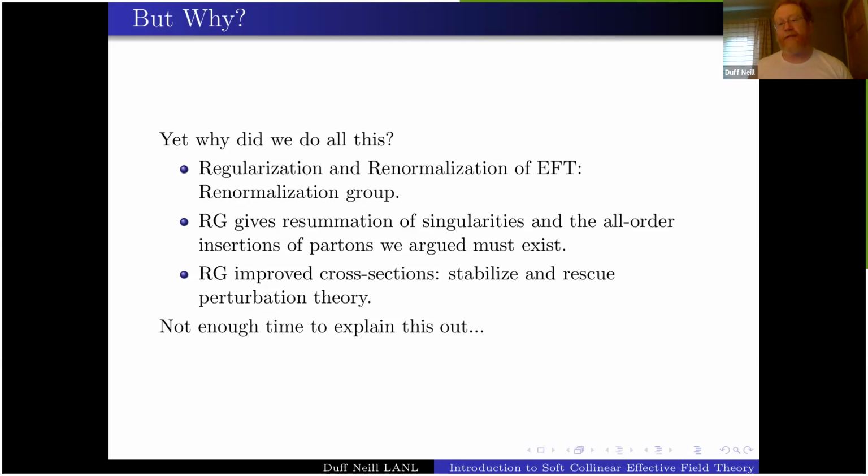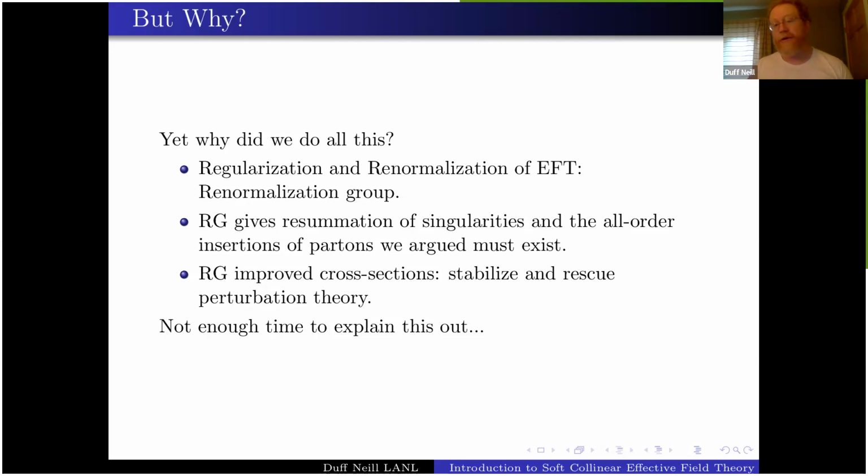What I won't really have time to explain is what I really want to do with that operator, which is the renormalization and regularization of my effective theory. In other words, I had this argument that I had all of these singularities, and I could dress my scattering amplitude with arbitrary emissions. I would like to have some procedure that would allow me to resum all of those dressings in a nice orderly way, and the regularization and renormalization of my effective theory will do this for me.